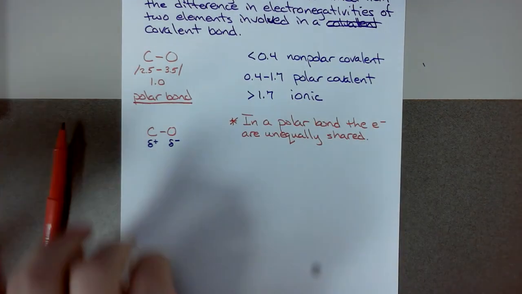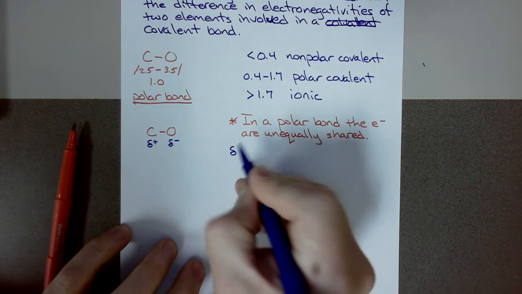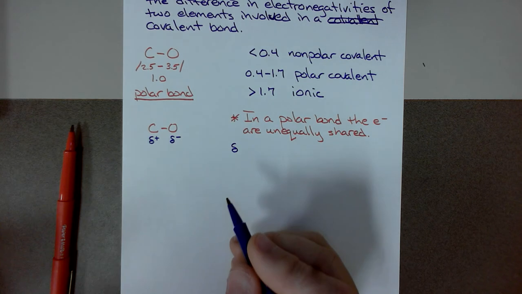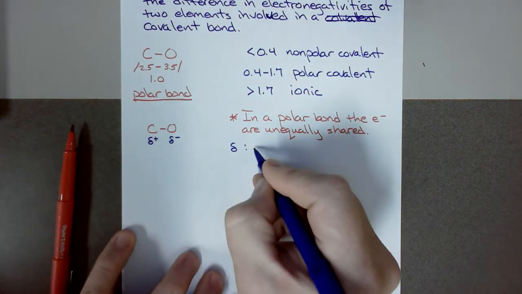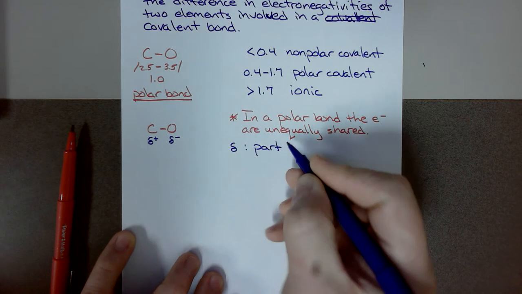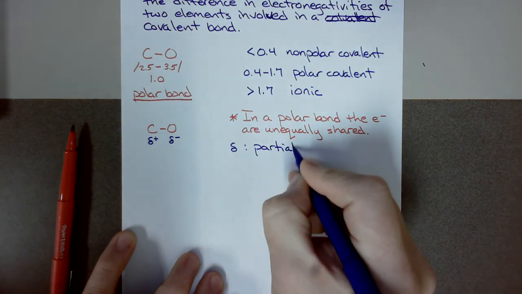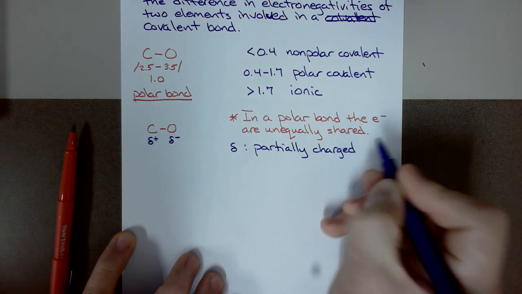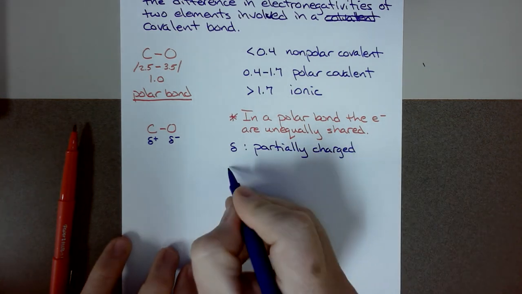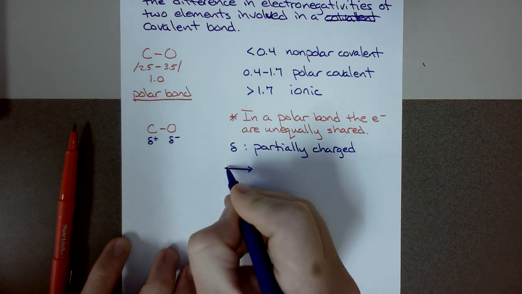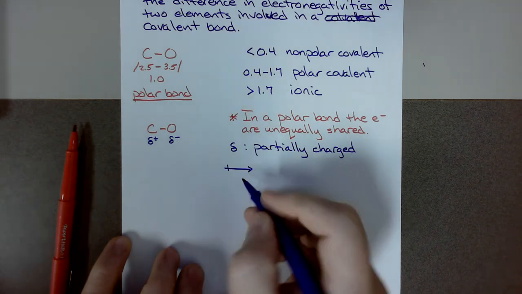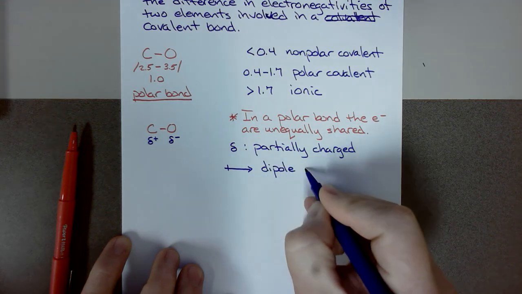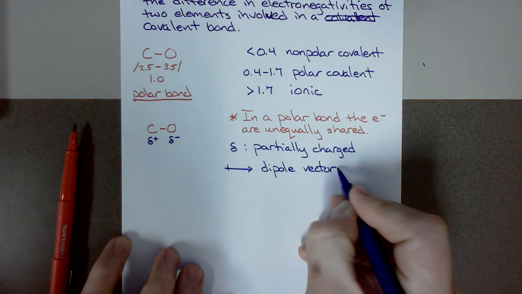Now, this symbol right here, this delta, which is the lowercase delta in the Greek alphabet, means that something is partially charged, not a full charge, but partially charged. And then we're going to draw what's called a dipole vector, dipole for short.